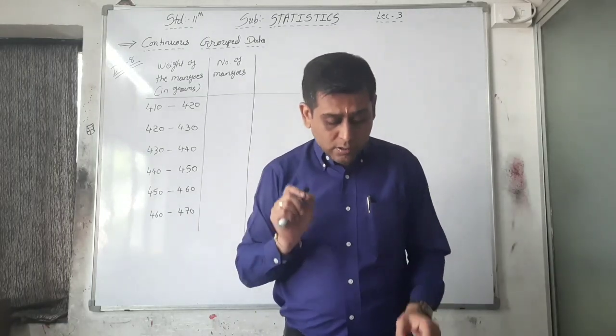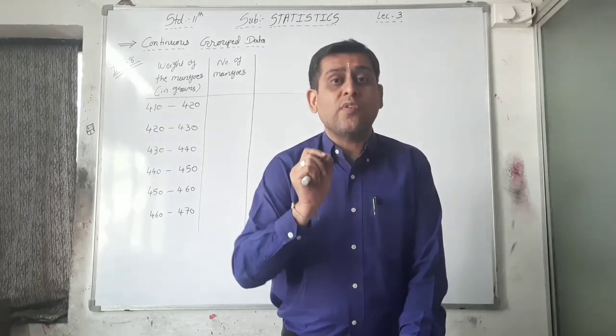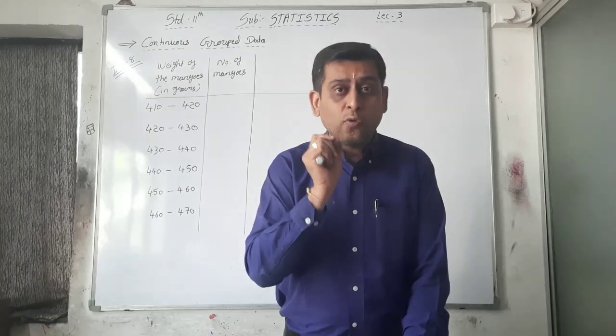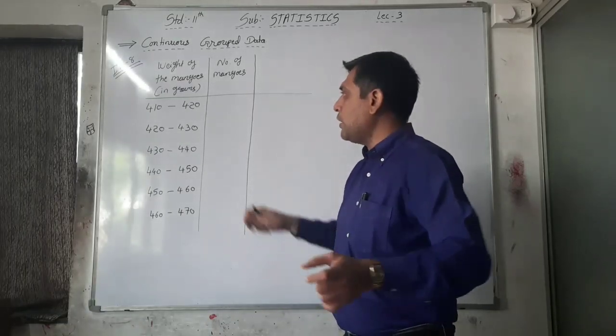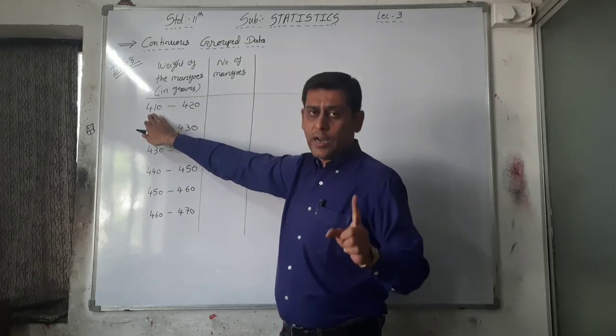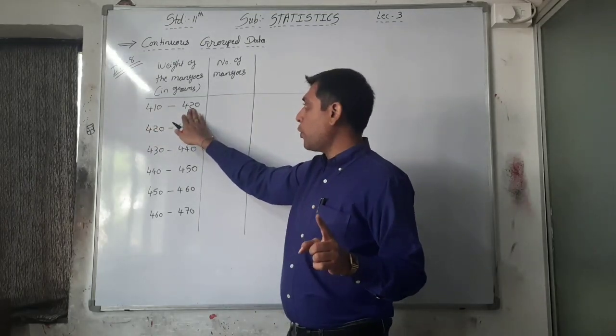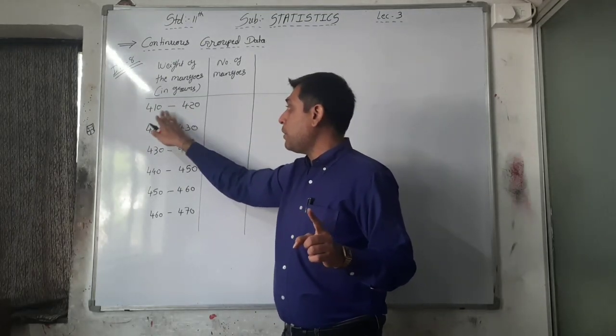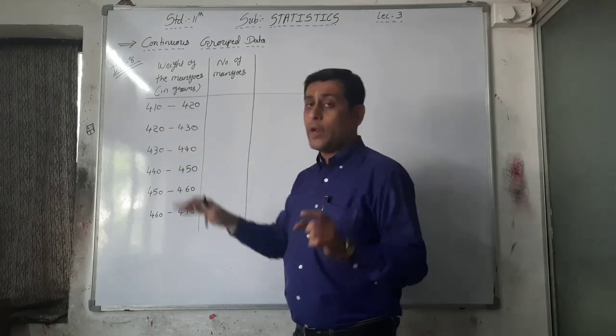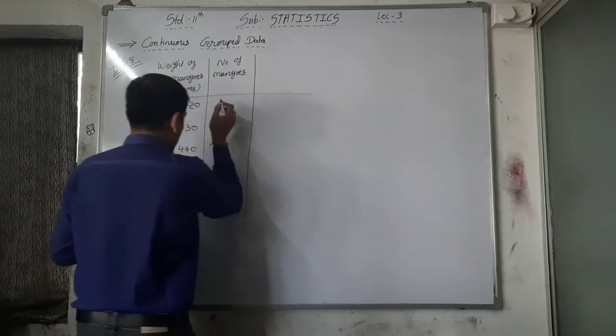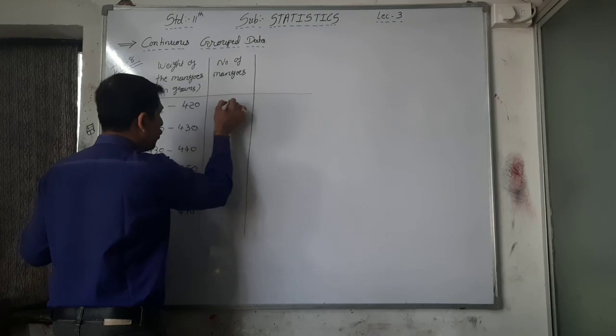See here, the first frequency given is 14. Below 420, the frequency is 14. So the minimum weight is 410, and between 410 to 420 the number of mangoes is 14.